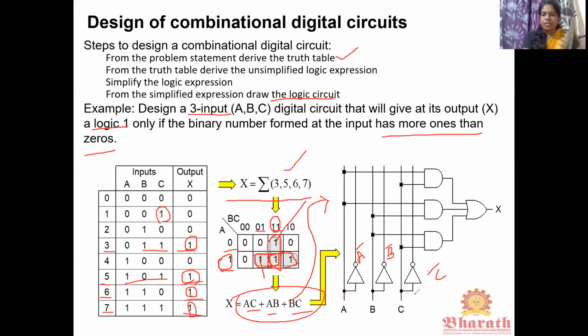So no need of the complement gate also. So AC. A, then C. Then AB. This one is AB. Then BC. We have to draw AND gate.